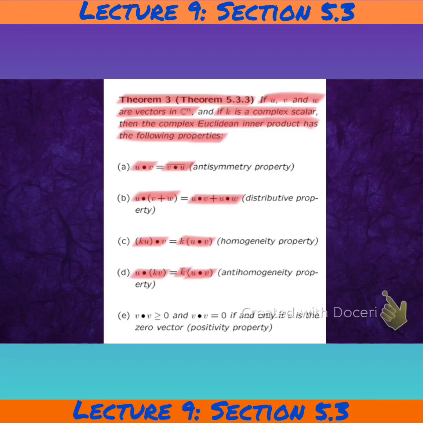And also again, if you have this complex inner product of v with itself at least 0, and that dot product is 0, that happens if and only if v is the 0 vector. So one can also go and verify that quite easily.